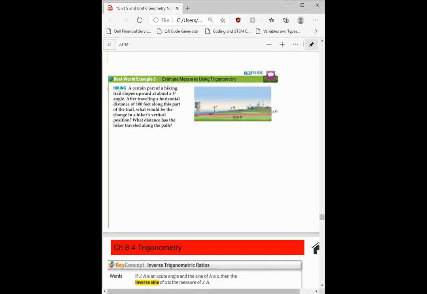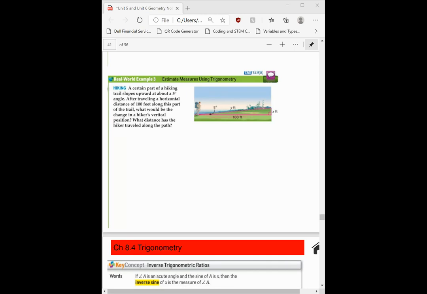Let's look at example 3. A certain part of a hiking trail slopes upward at about a 5-degree angle. After traveling a horizontal distance of 100 feet along this part of the trail, what would be the change in a hiker's vertical position? What distance has the hiker traveled along the path?